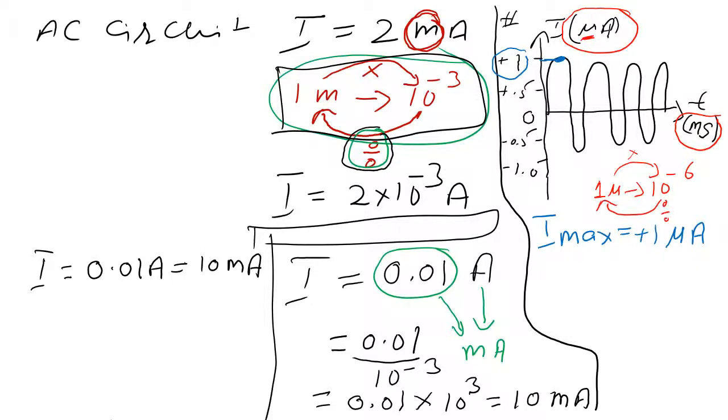But here we are changing from micro, so we will use multiplication. So the maximum current in the unit of ampere will be 1 into 10 to the power minus 6 ampere. This is about the change of the unit of the current.